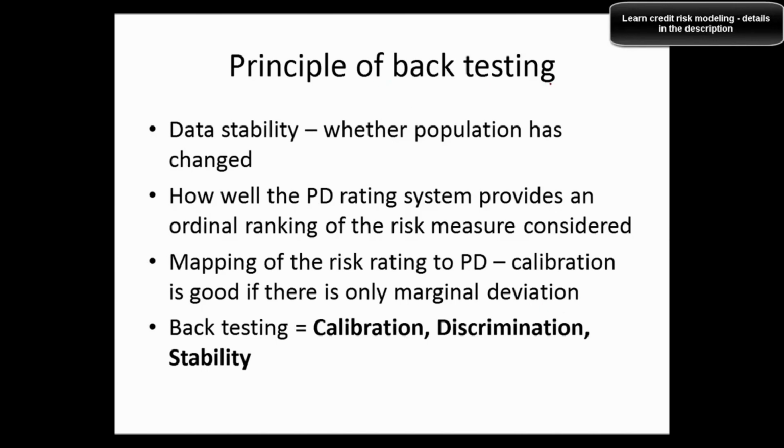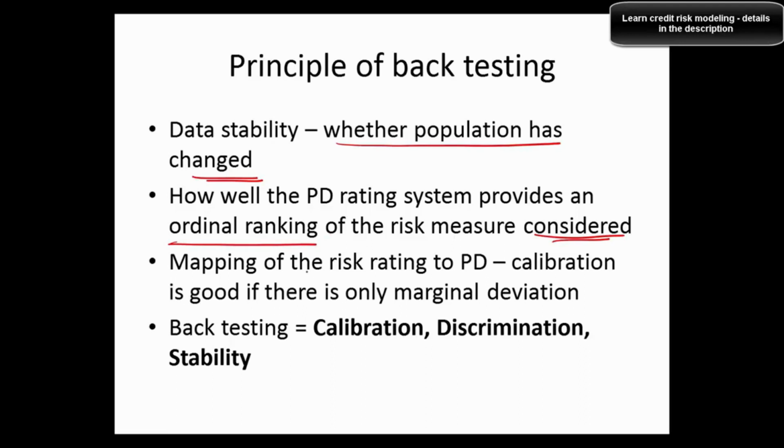The principles of backtesting. What are the different principles of backtesting? Data stability, whether the population has changed or not. That's the reason why people do backtesting. How well does the PD rating system provide an ordinal ranking of the risk measures considered? These are a slightly more technical way of answering questions. We discussed it in a more layman way in the previous question, but this is more technical, where we talk about the ordinal ranking of the PD model.